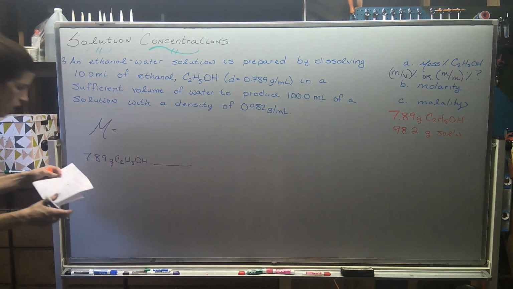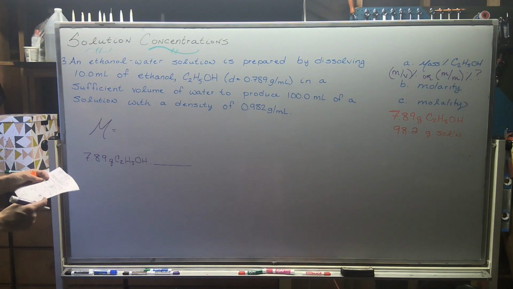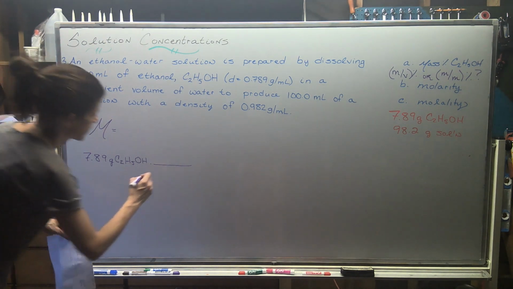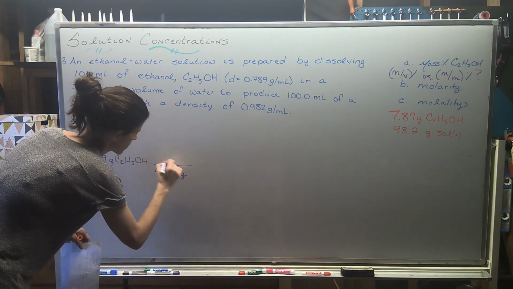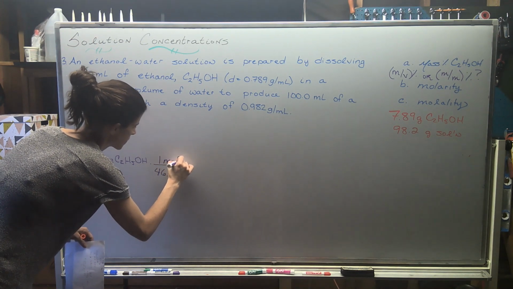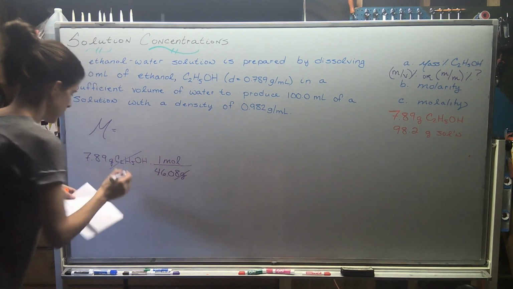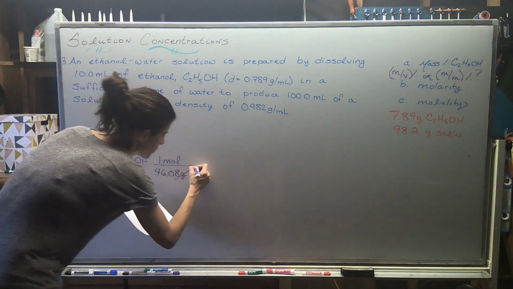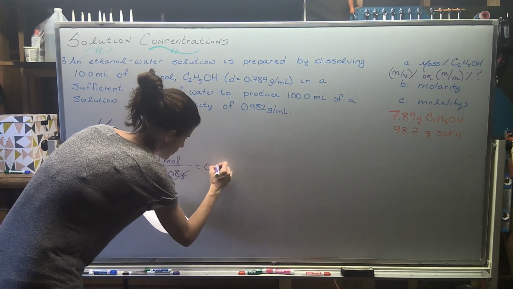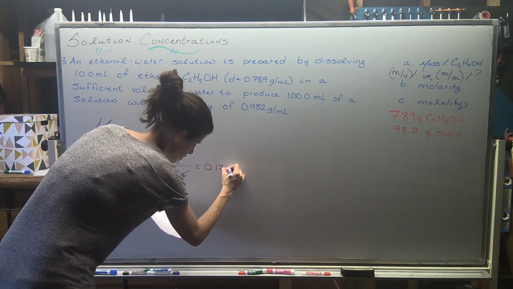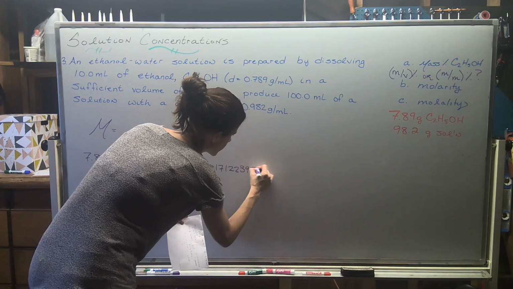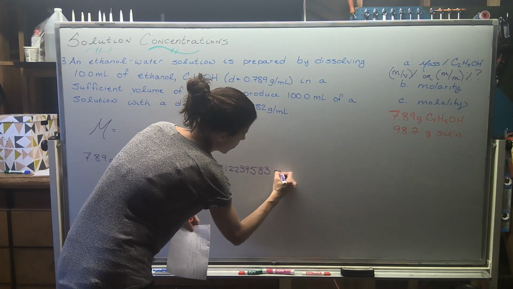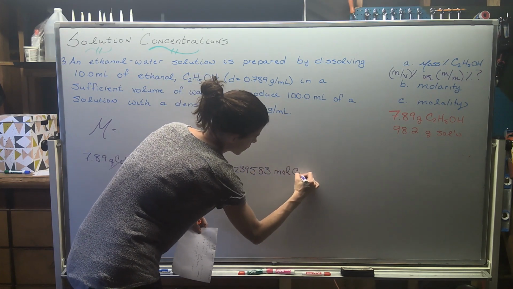And that along with the molar mass of ethanol, so 46.08 grams, grams will cancel grams, and I wind up with 0.1712239583 moles of ethanol.